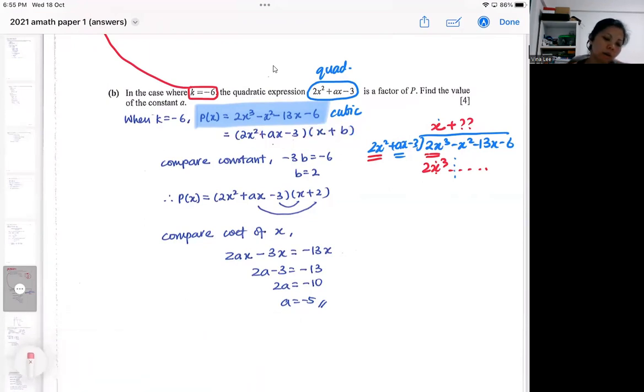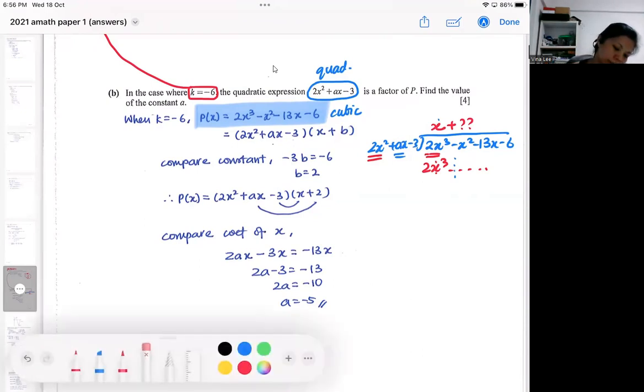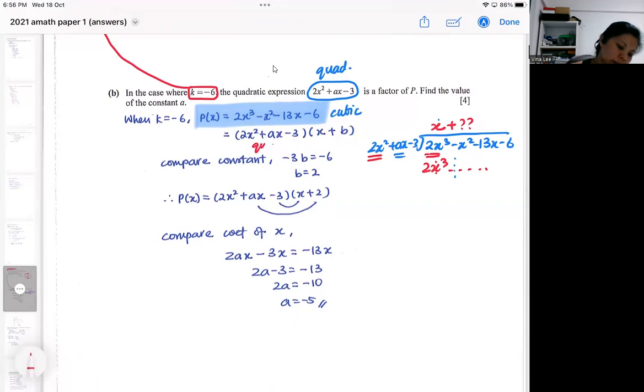I couldn't do a full long division, so I will set up using the idea of comparing coefficients. Before I go and compare, let's just make sure you understand this part first. For the cubic equation, I break it down into quadratic and linear. Quadratic is given to me. Linear is what I deduce.